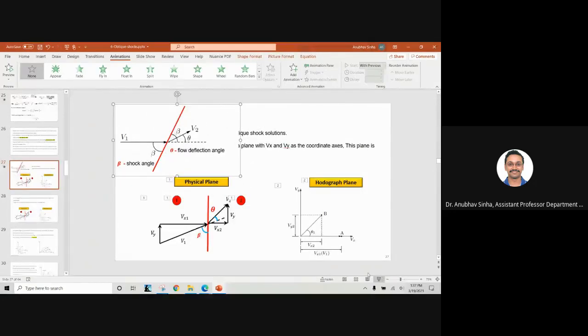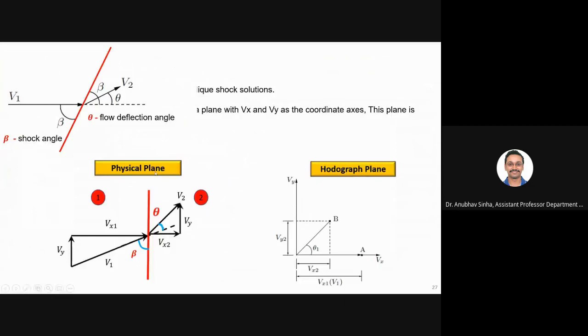So if you look at this image, you see that if I orient my shock in such a way that it is horizontal, V1 is horizontal. So I can say that this is Vx, and Vx1 is V1 because I have oriented the shock in such a way that it becomes horizontal.